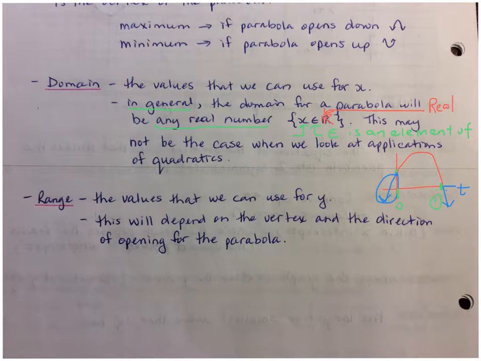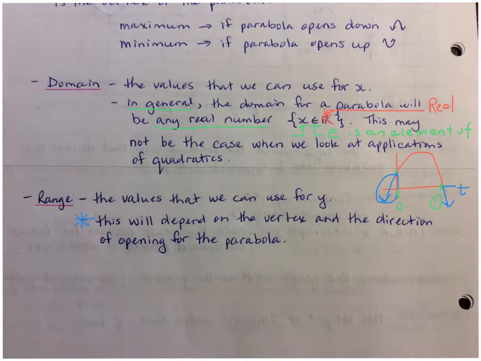With range, the same thing can happen in terms of limiting it, but in general, it's going to depend on where the vertex is and the direction of opening. It also will depend on applications, but even before we get to applications, it depends on where that vertex is and the direction of opening.